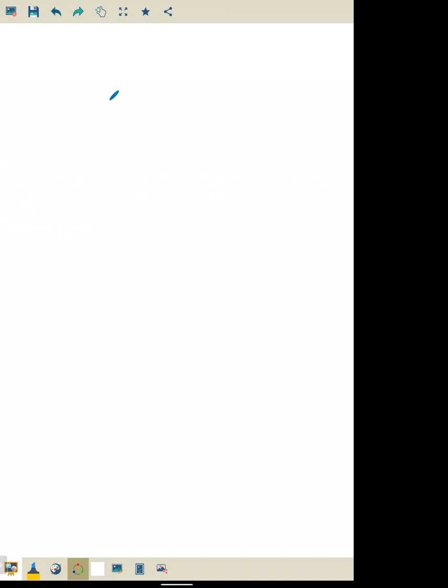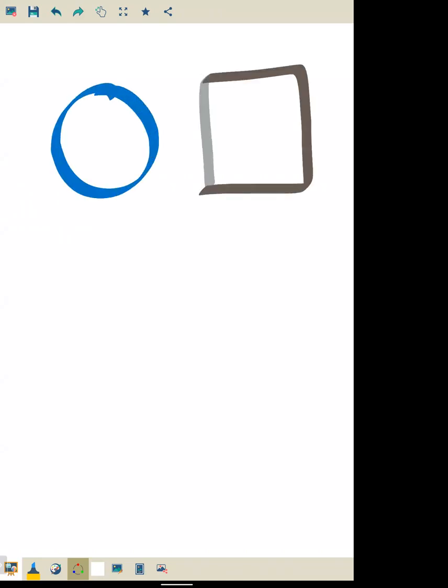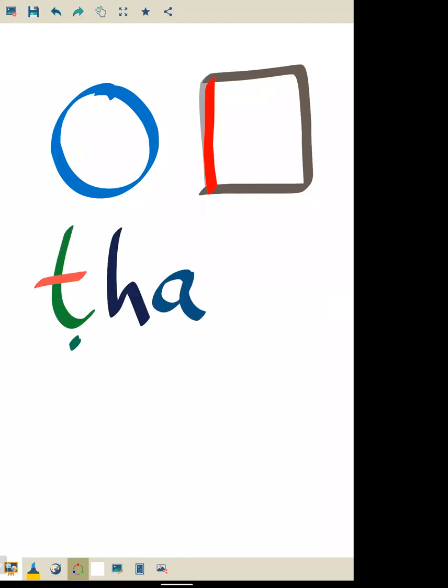So I can take some round shape and some square shape now. Can you tell me which letters are there? These two letters. Who can tell me? Sir, tha and ba. Suppose I were to write tha, ba. See here.